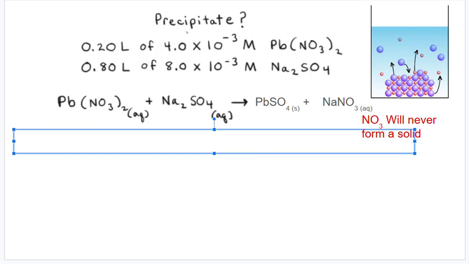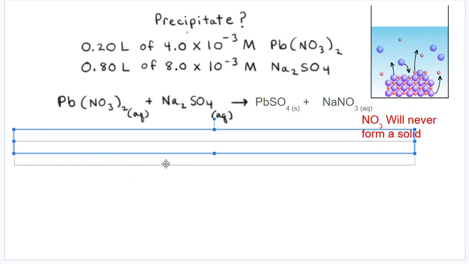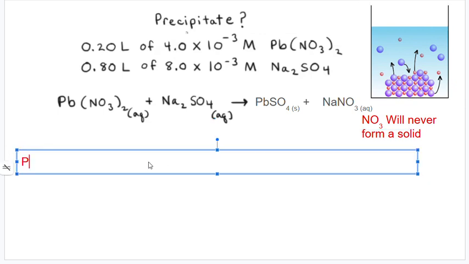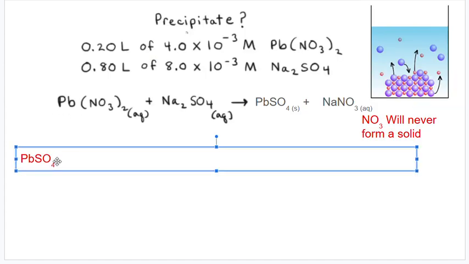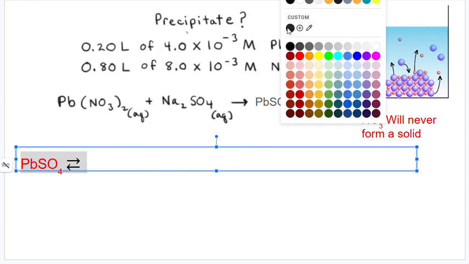Let's rock and roll. So now that we've established that our precipitate is going to be PbSO4, that's what we know. And I'm going to steal this character from before, Control C, Control V. I'm going to blow this up a little bit and change my overall font back to black.